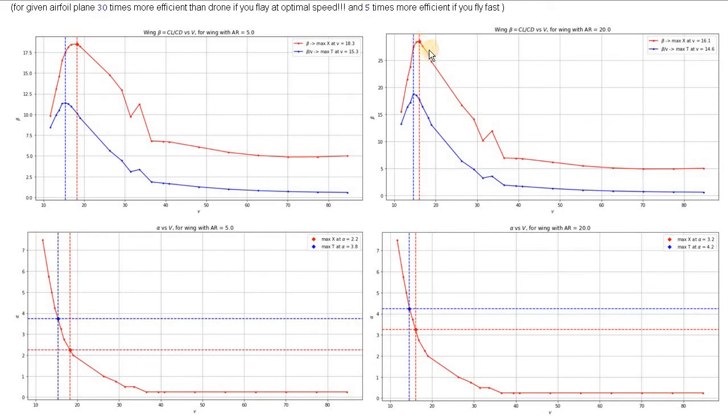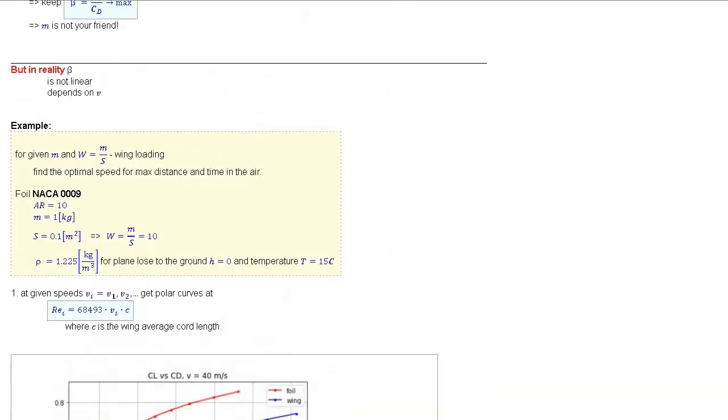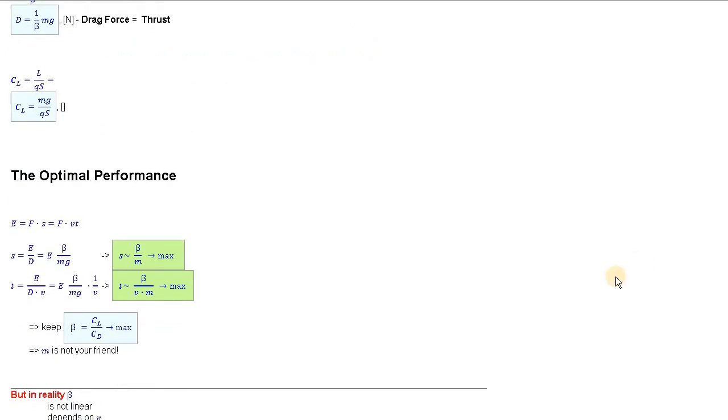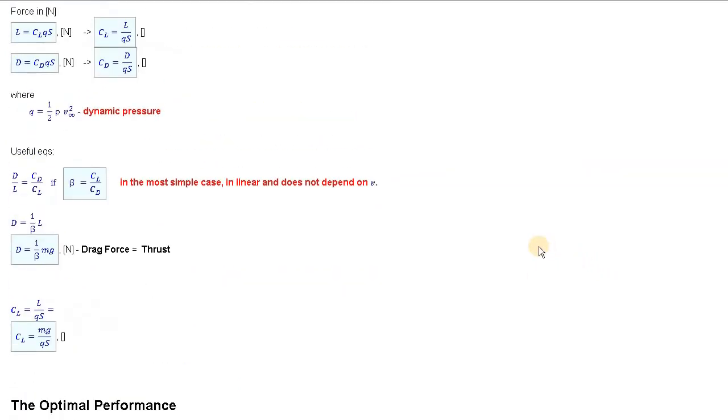Okay, but what does it mean? So we have beta 28. If you look at this equation, the drag equation is equivalent to mg divided by beta. So basically, if you divide mg by 28, you're going to have a pretty small number.